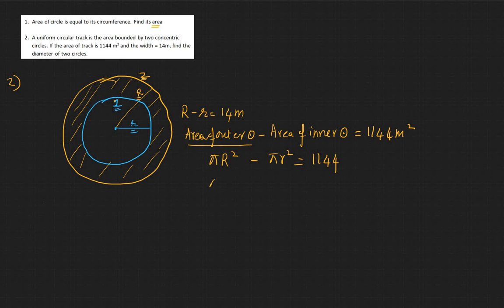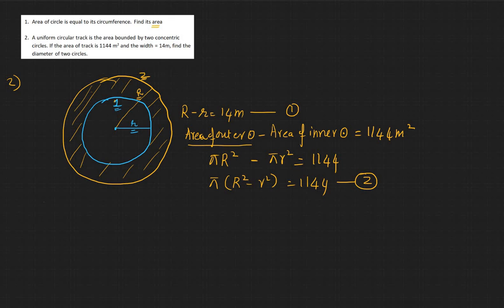Let's take pi out, and you have R squared minus r squared is 1144. This is your first equation, this is your second equation. I urge you to pause the video here and try to solve these equations 1 and 2 and find big R and small r.